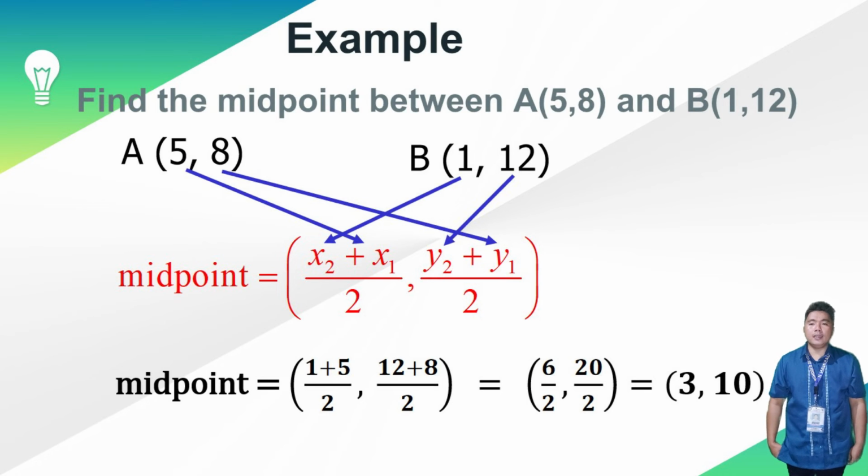By simplifying that, we will have 6 over 2 and then 20 over 2. And for the final part, 6 over 2 simplifies as 3, and 20 over 2 is 10. So the midpoint between point A, which is 5, 8, and point B, which is 1, 12, is the point 3, 10 in our coordinate plane.